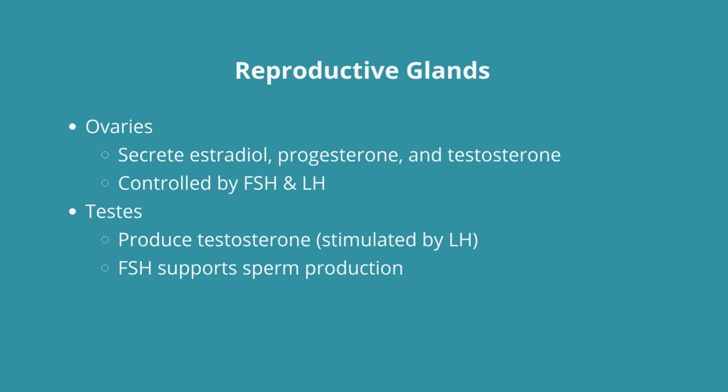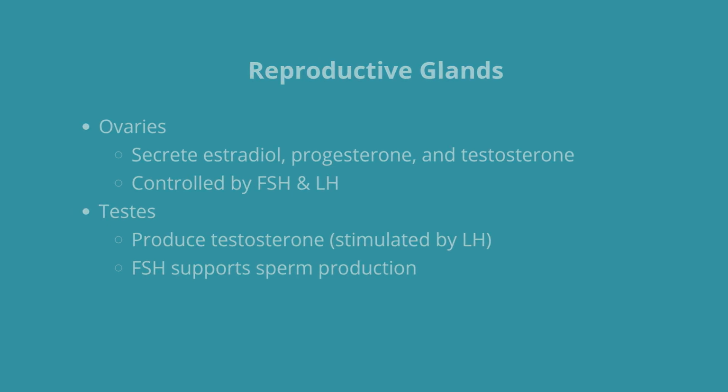Finally, the gonads, the ovaries and testes, produce reproductive hormones. Ovaries secrete estradiol, progesterone, and some testosterone, while the testes produce testosterone to support sperm production and male characteristics.